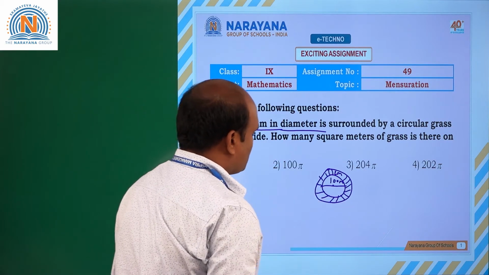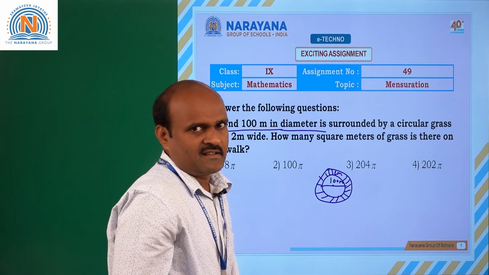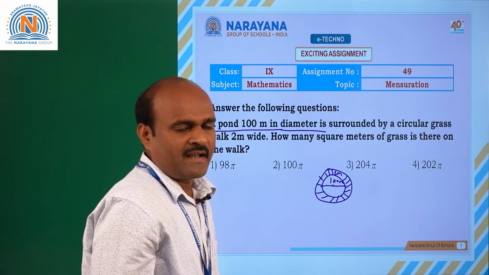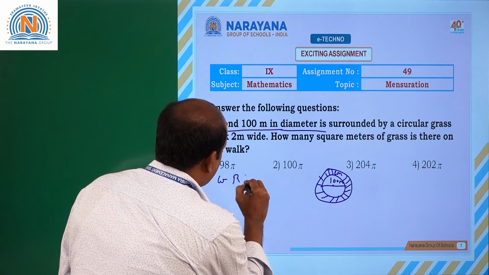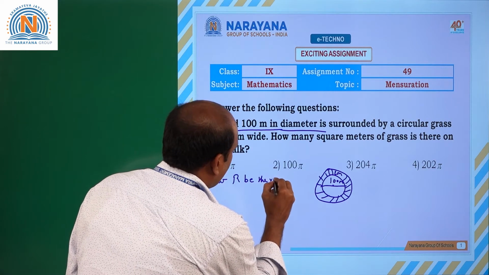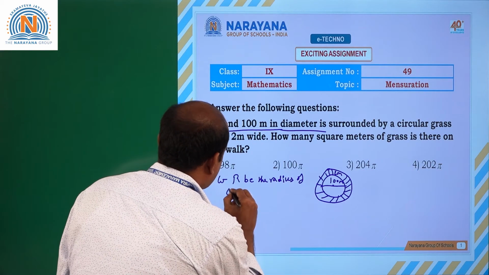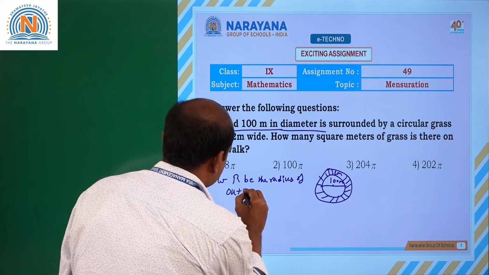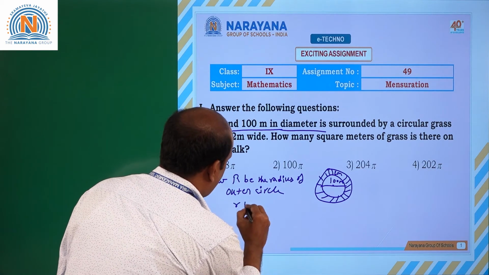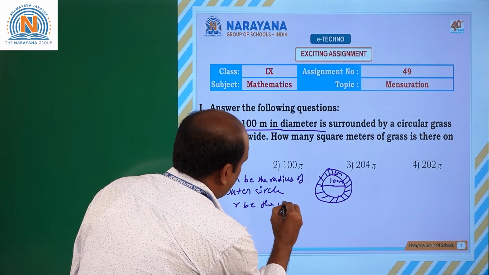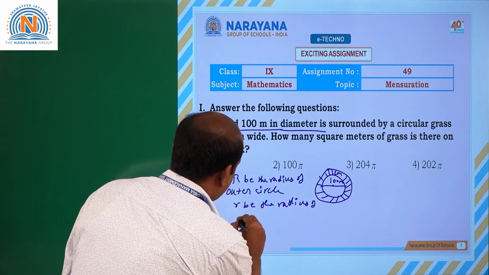Area of this portion is nothing but area of outer circle minus area of inner circle. Let capital R be the radius of outer circle, and small r be the radius of inner circle.